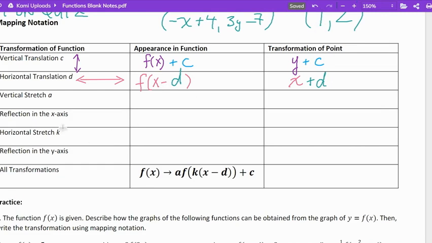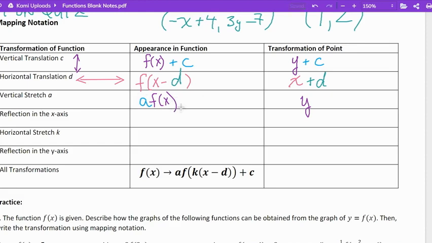Okay, then I have a vertical stretch. Is the vertical stretch affecting the y or the x? Vertical stretch. What's changing? The y. Good. So I'm going to put the y here for now. The vertical stretch goes in front, right?